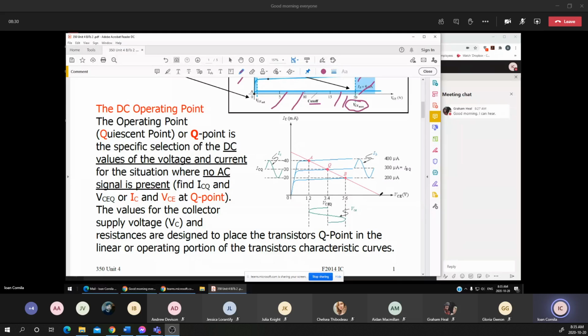Usually we may see two, three, or four resistors, such as RB, RC, RE. All these resistances, and the labels for the resistances, are related to the connection to the transistor.